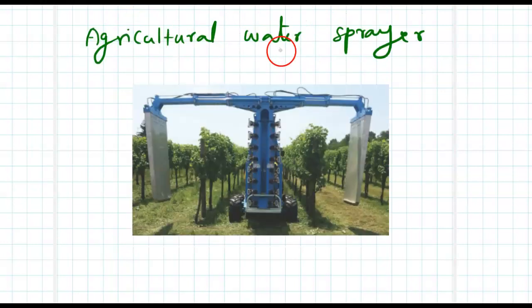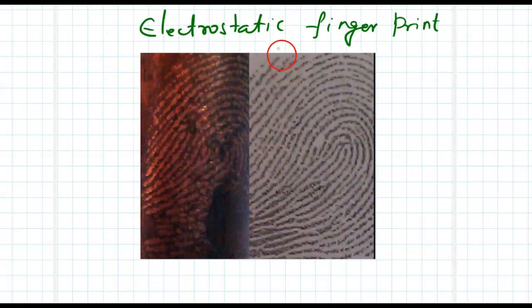And then the agricultural water sprayer, same as the spray paint. Many countries are using this method to minimize the usage of water. Here we have to spray the water, not pour the water, so you can save water using electrostatic spray.